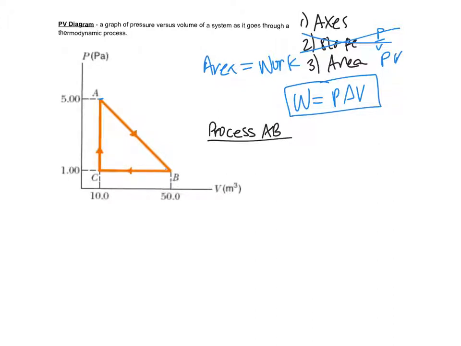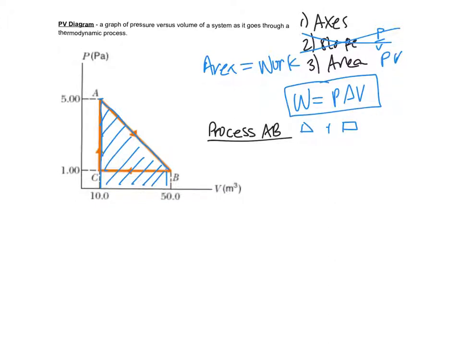So we have to get the area under the curve. If I look, I have my blue line. The area under the curve is going to be this whole area. So we've got the area of this triangle and the area of the rectangle.